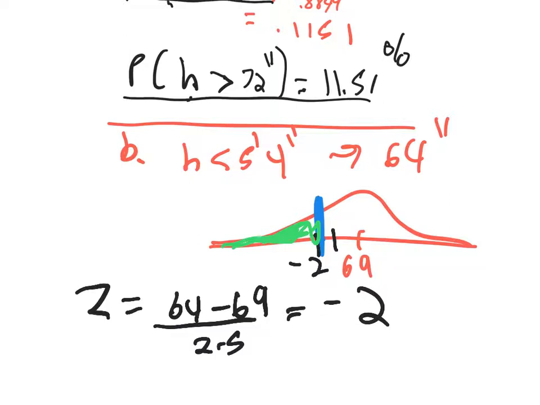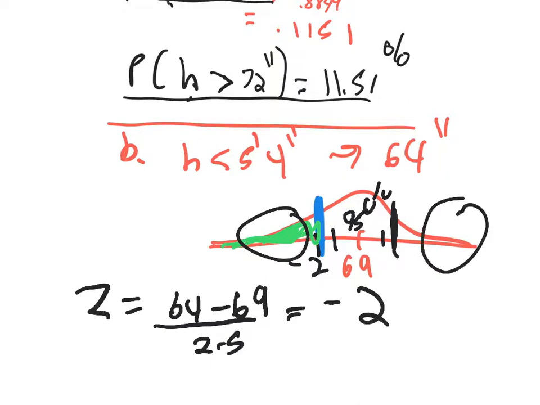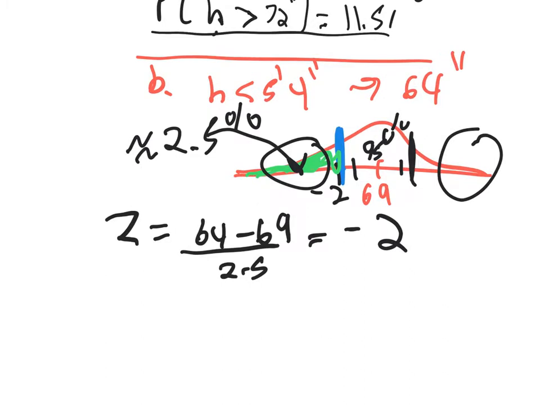Because on both sides from -2 to 2, that stood for 95%, remember? That means both tails add up to 5. So I'm predicting an answer of approximately 2.5%. I say approximately, guys, because the empirical rule is not perfect. It's an approximation, which is why we're using the table now. We won't get the same answer.